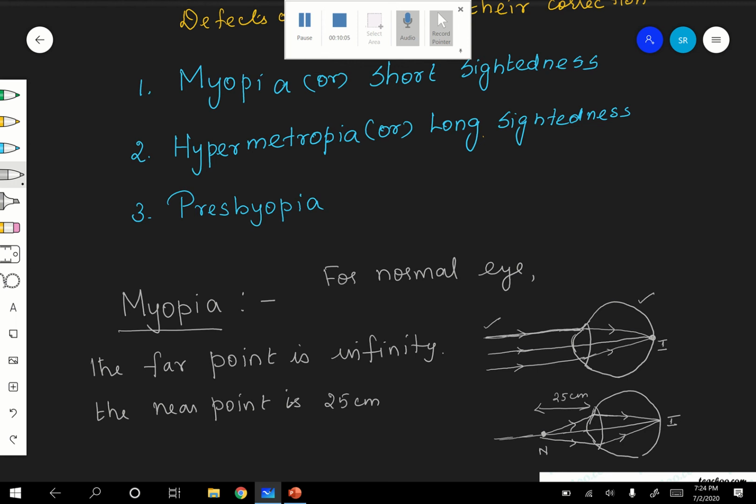Myopia or short-sightedness is that defect of the human eye by virtue of which the eye can see clearly the objects lying near it, but the far off objects cannot be seen distinctly, that is clearly.